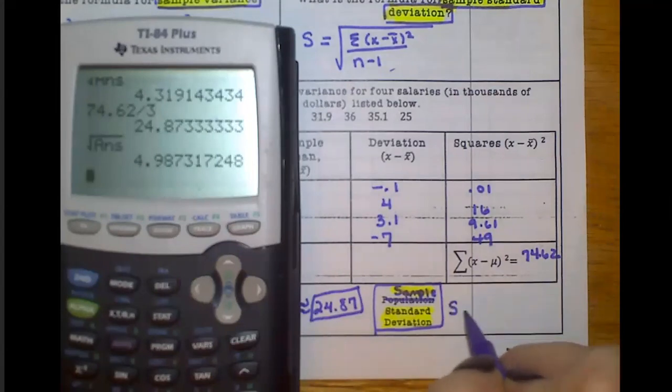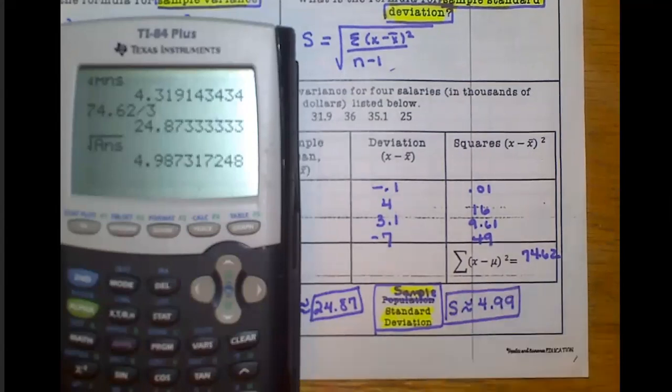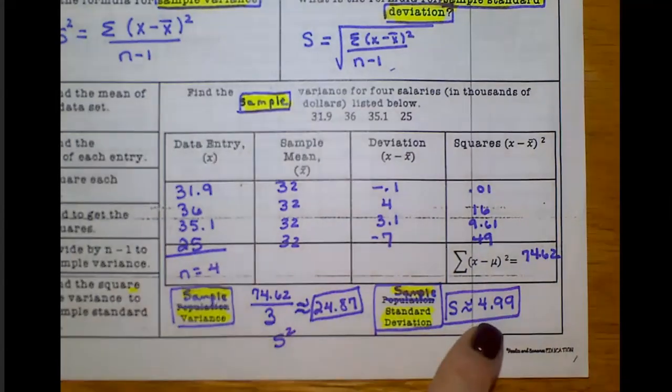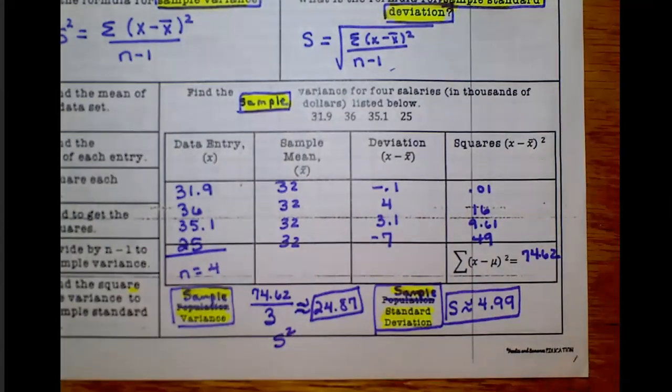So S is approximately 4.99. And if you recall, this was S squared, okay? So notice that's estimated a little bit higher since we didn't have the whole population, we had a sample.